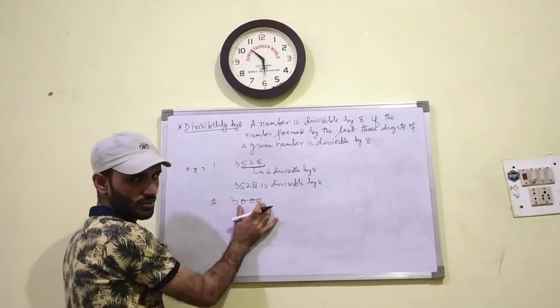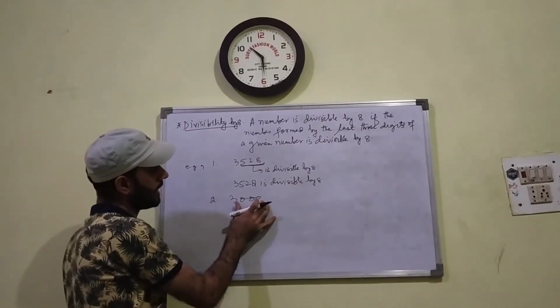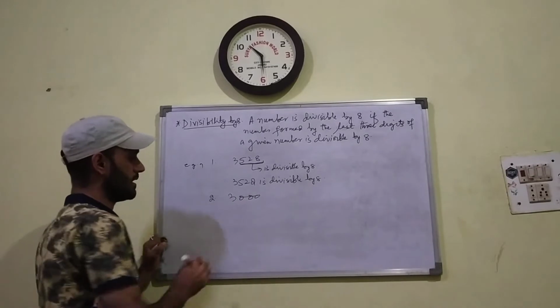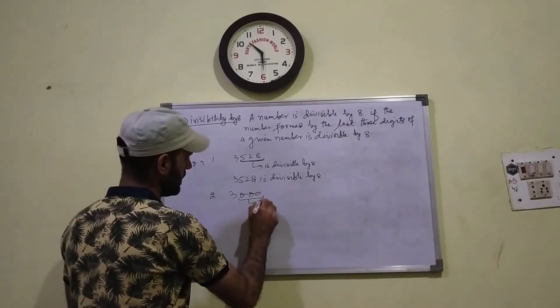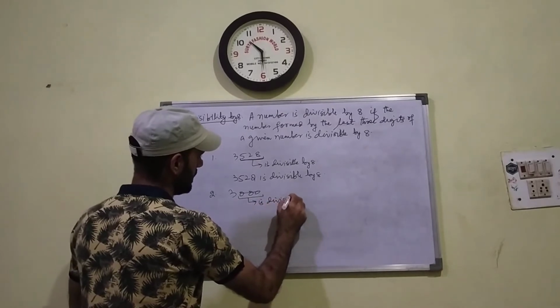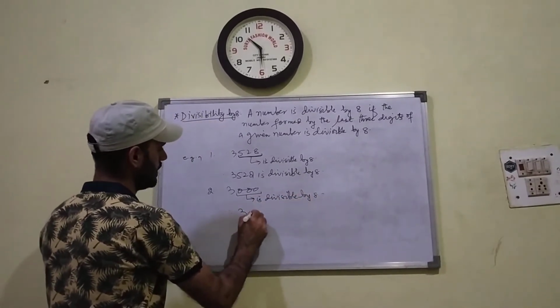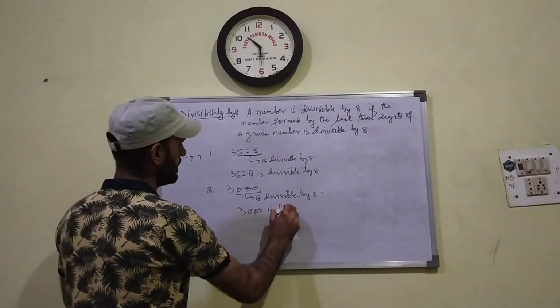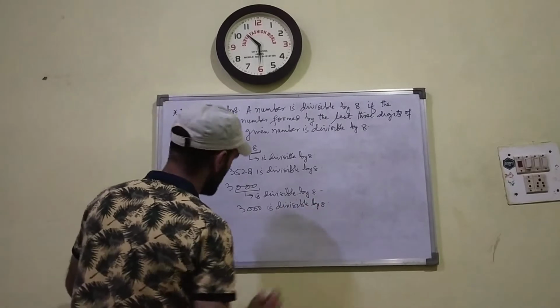Last three digits are 0. It is divisible by 8. We can say that the number is divisible by 8. Therefore, 3000 is divisible by 8.